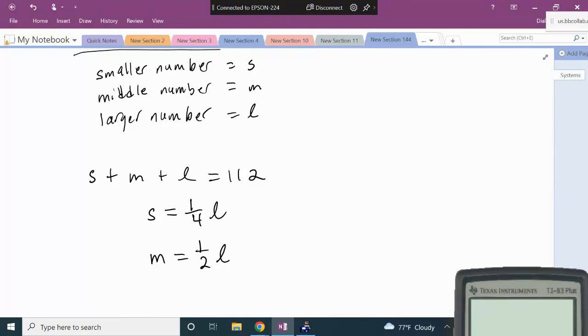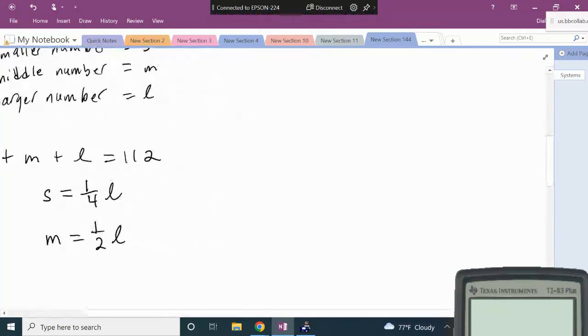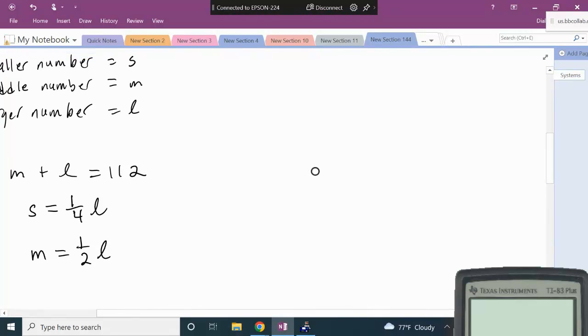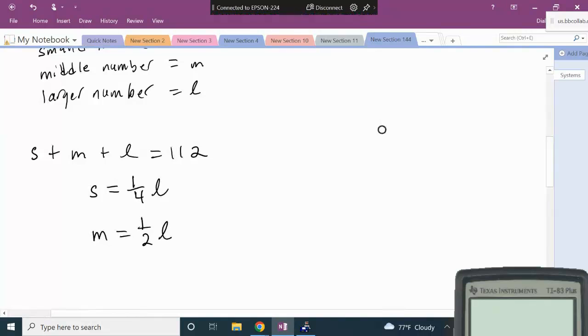All right, so we actually have three equations. Now, before we can put these into the calculator, just keep in mind that we're going to have to convert this to a matrix. Notice that we have three variables, S, M, L, and then we have whatever it's set equal to.